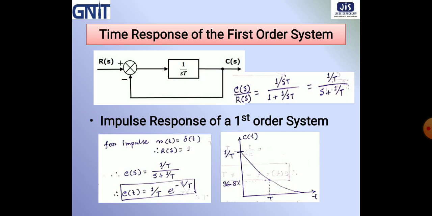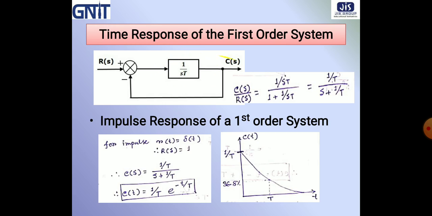That's why it is called a first order system. Now there is a feedback with unity. That means there is a unity feedback, H(s) = 1 and G(s) = 1/(sT).